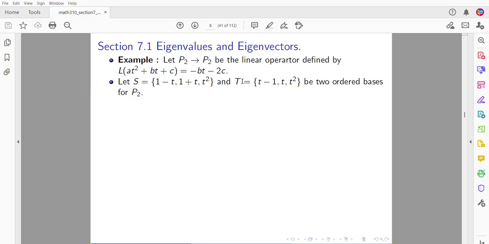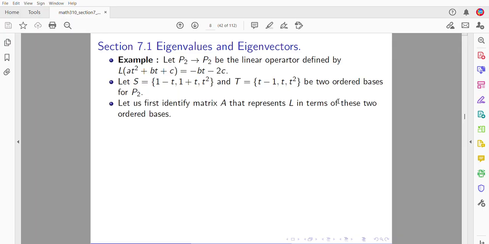Left hand side, take as basis 1 minus t, 1 plus t and t squared. Right hand side, take basis t minus 1, t and t squared. You have two ordered bases. Identify matrix A that represents L in terms of these two ordered bases.